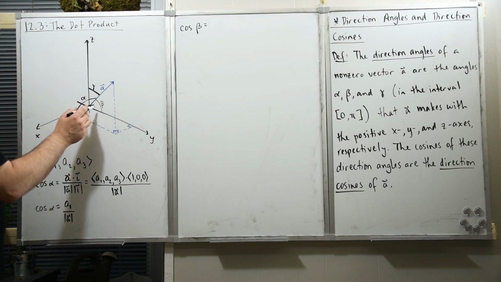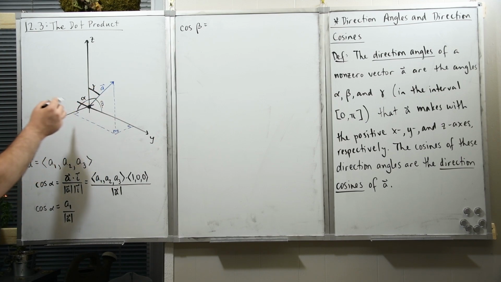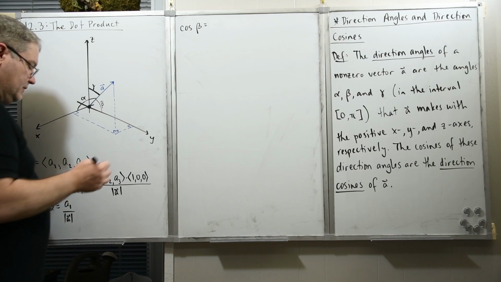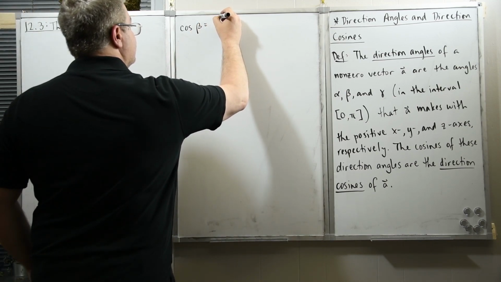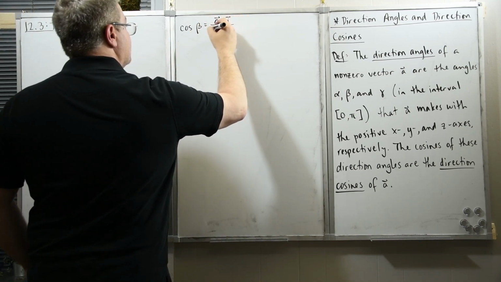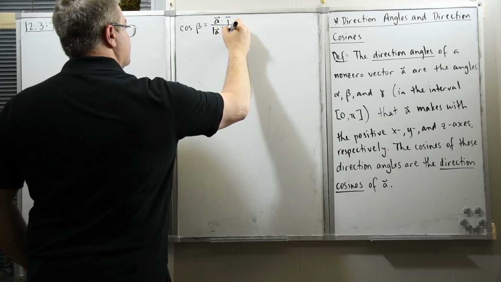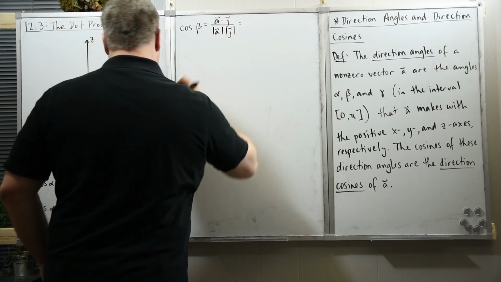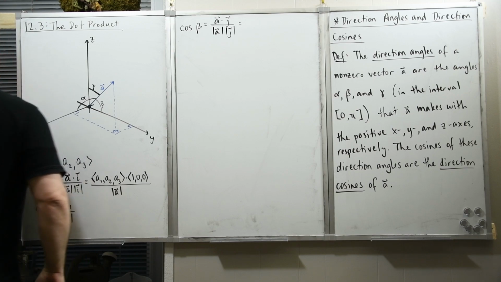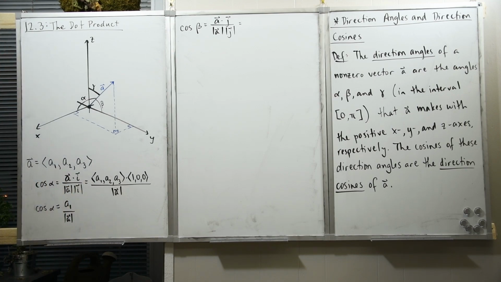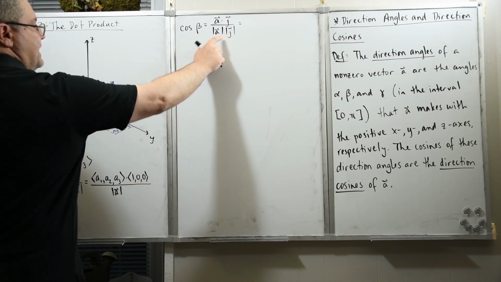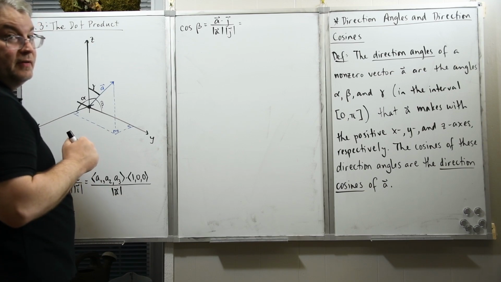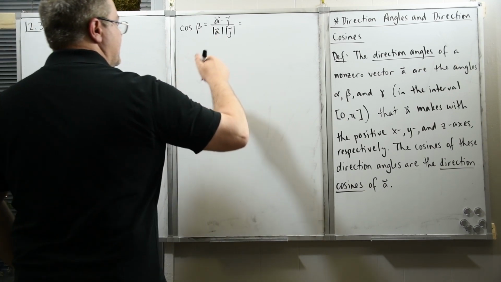So beta is actually also the angle between A and J. So we can say the cosine of beta is A dot J over magnitude of A times magnitude of J. But just like I, J is also a unit vector, so its magnitude is 1. So again, we're going to have the magnitude of A as our denominator.